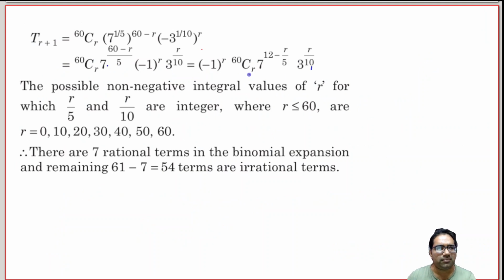So the general term is 60Cr (−1)^r 7^((60−r)/5) 3^(r/10). What does that mean? (60−r)/5 should be an integer and r/10 should also be an integer. That means r should be a multiple of 10. That's why only these numbers are permissible. Right, guys?